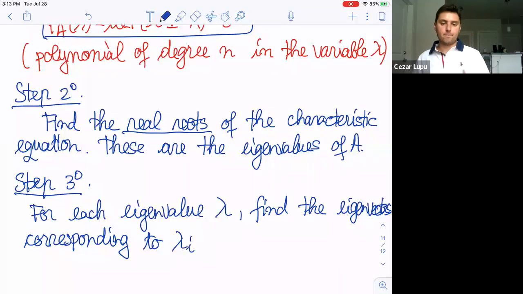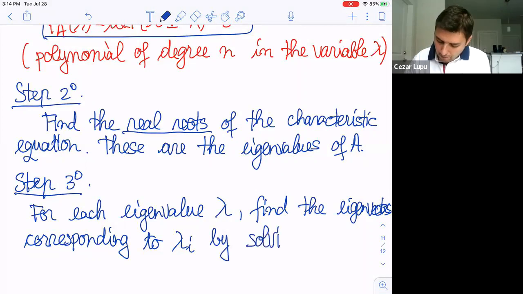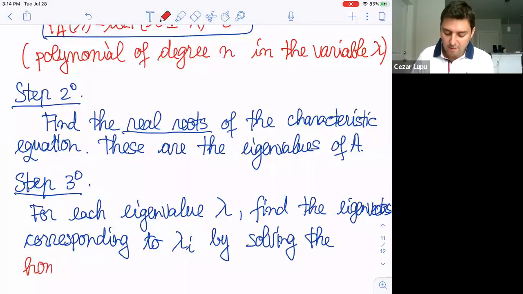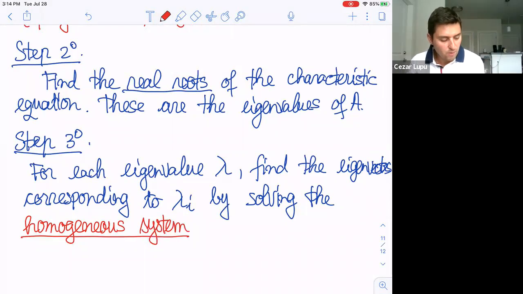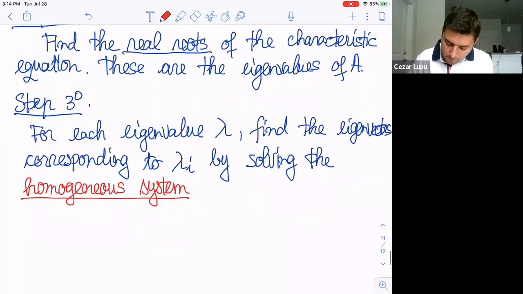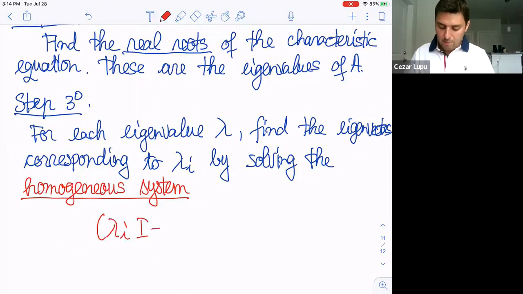Let's say we have a bunch of eigenvalues depending on the degree of the polynomial. You find them by solving the homogeneous system. You see, at the end of the day, everything boils down to solving systems of linear equations. And I told you from the beginning to pay attention to row reduction methods and everything. We have the row echelon method so that you can easily operate in this case, for example. By solving the homogeneous system, lambda I times the identity minus A times x is 0, right?